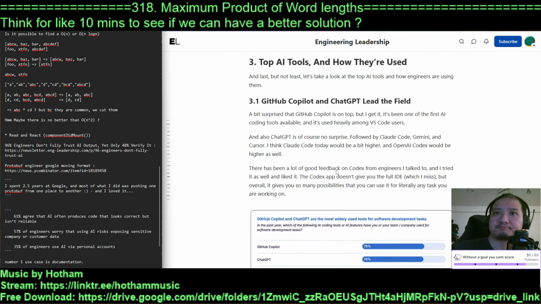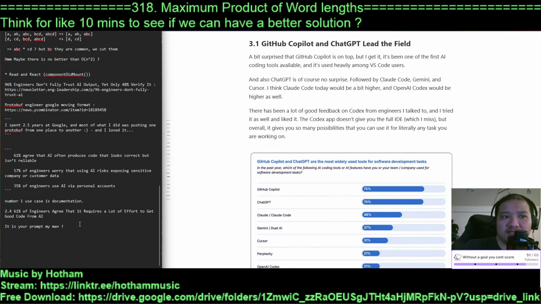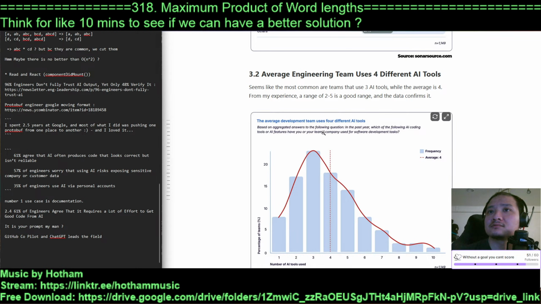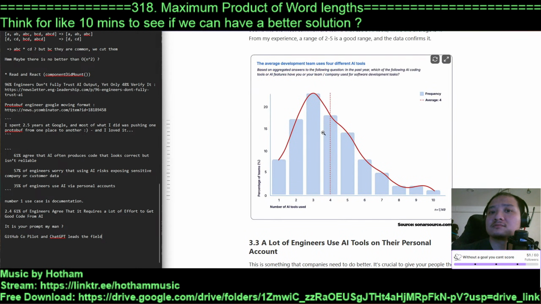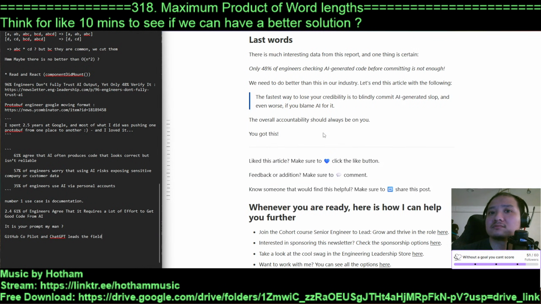Oh. GitHub and ChatGPT lead the field, really? Really? Interesting. Okay.